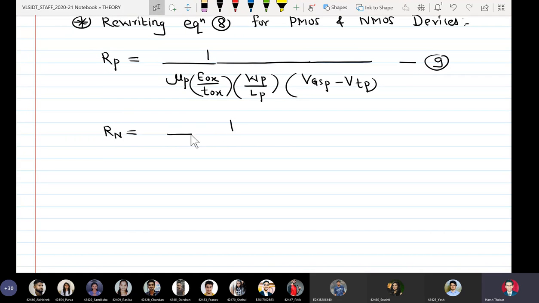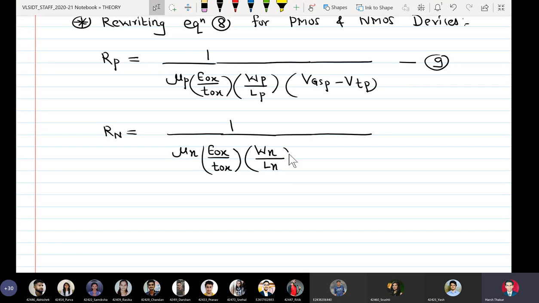Rn equal to 1 upon mobility of electrons into epsilon ox upon T ox, then width of NMOS upon length of NMOS into VGSN minus VTN. Equation number 10.